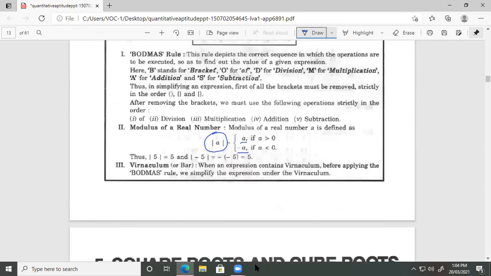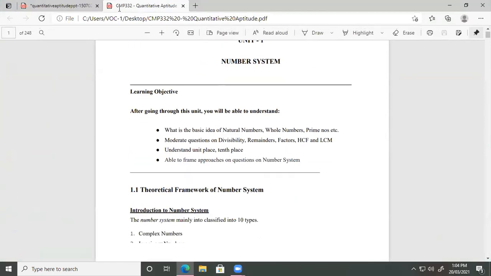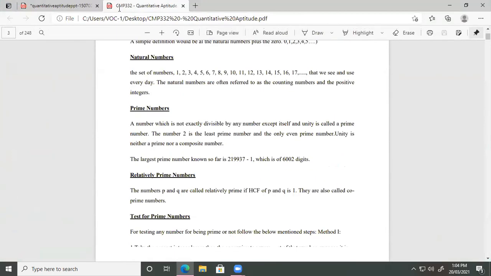So now we will see the simplification examples.